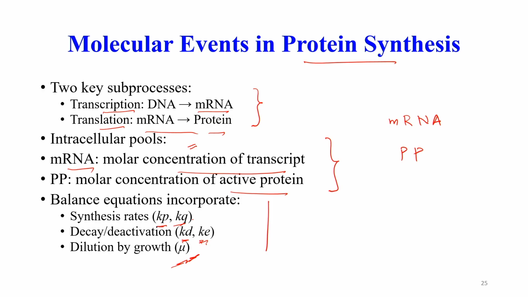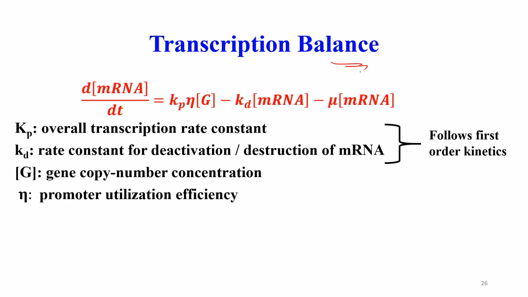First, we will see the transcription balance. d[mRNA]/dt, where this is the concentration of mRNA, equals Kp times eta times G. G is a particular gene copy number concentration.